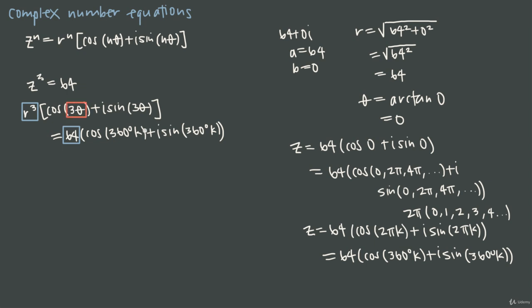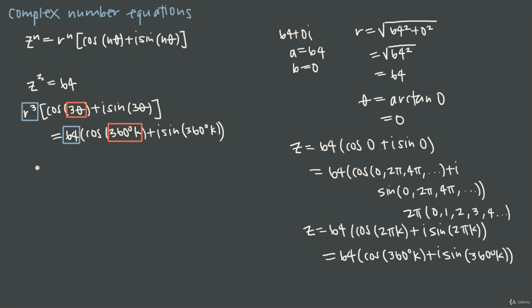And so we can say that the angle and the angle here. And what we can conclude from that is that in order for these two sides to be equal, these values in blue have to be equal and these values in red have to be equal. Otherwise, since they're in exactly the same format, the equation would not be true, which means we're able to pull from this a system of equations.